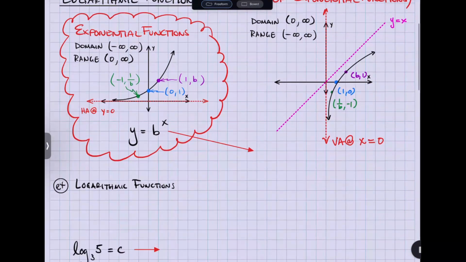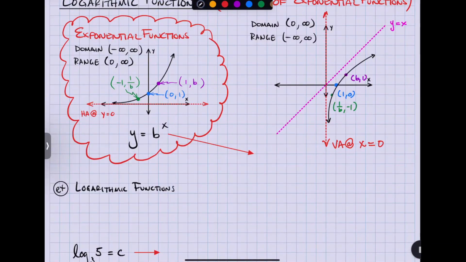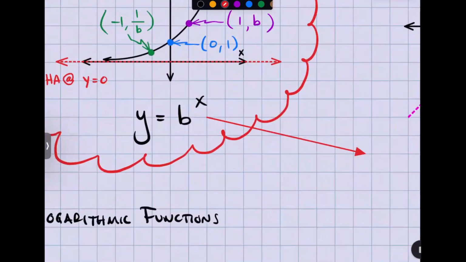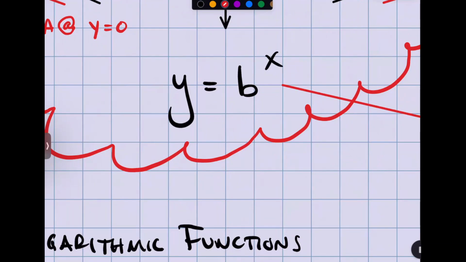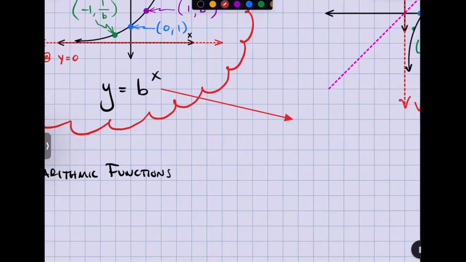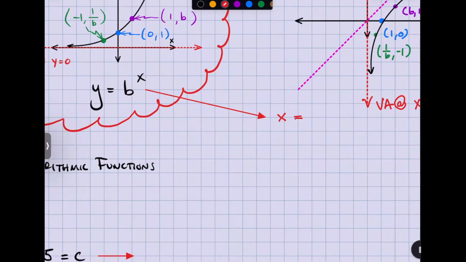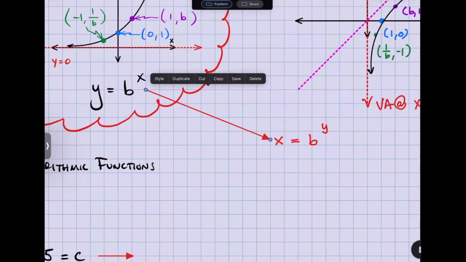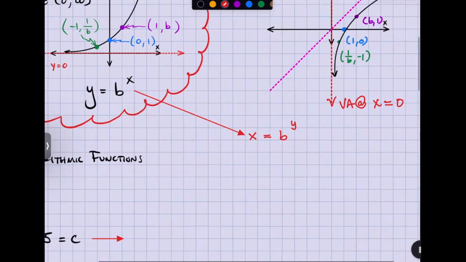Now, this means that my logarithmic function, if this was my exponential function, and I have to switch the x and y, would now be x is equal to b raised to the y. This is the confusing part about logarithms.